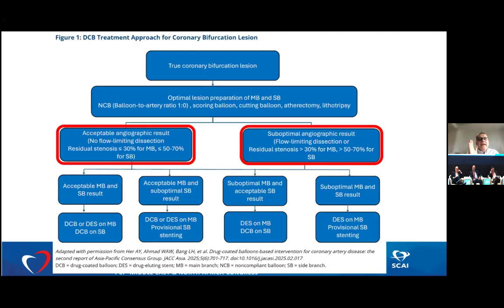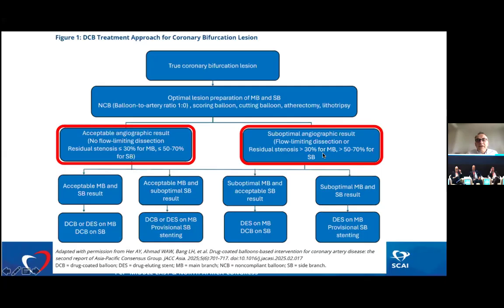But they say, do lesion preparation at the beginning, main and side branch, and after main and side branch preparation, if we have acceptable angiographic results, we can do DCB in both. If we have an acceptable main branch and suboptimal side branch, we can do DCB or DES on the main branch, but provisional side branch stenting.